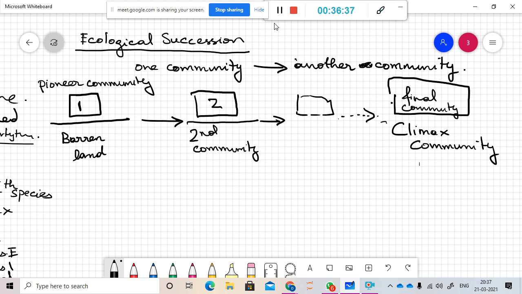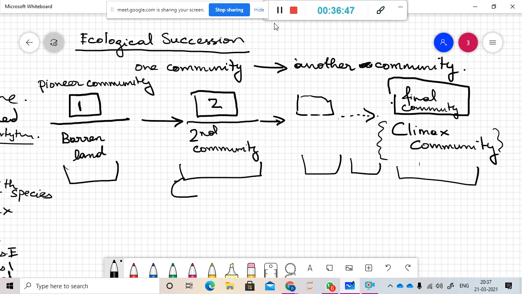The final community which forms is the climax community. And each of these is known as a stage, several stages. Essentially, this is ecological succession.